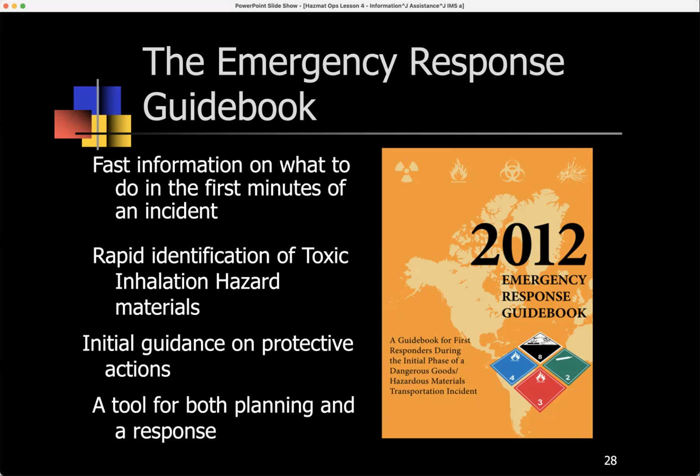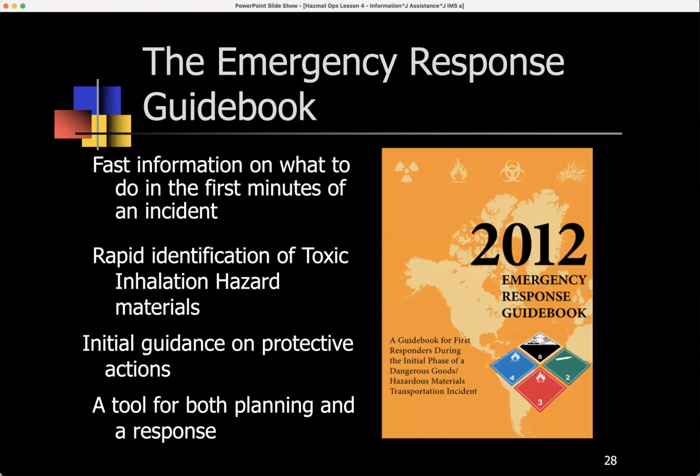That is going to be there no matter what. If you have a spill or a leak, you can figure out using this book what your isolation distances are, and you can set those up and say, oh, at this corner is where 100 feet is, for example. Now we have that all planned out.